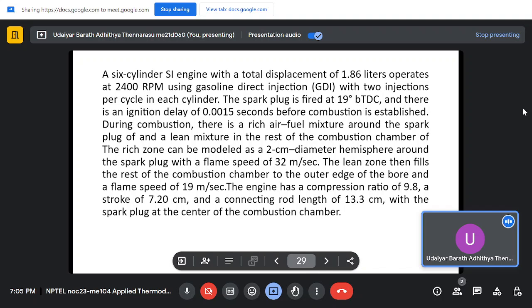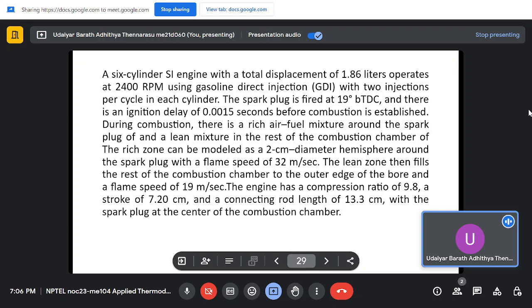Okay, so the next question is, we have a 6-cylinder spark ignition engine with a total displacement of 1.86 liters, operating at 2400 rpm using gasoline direct injection with 2 injections per cycle in each cylinder.